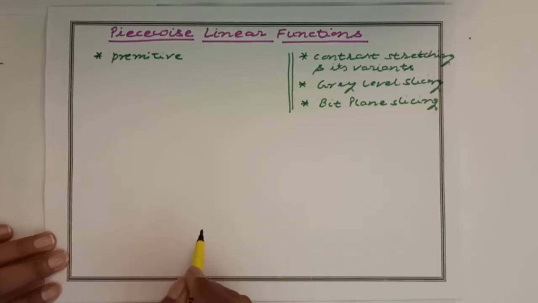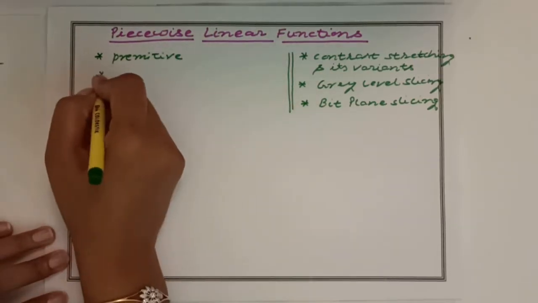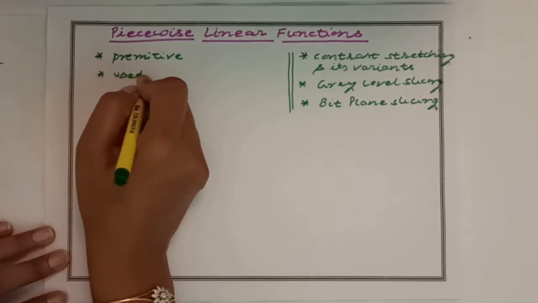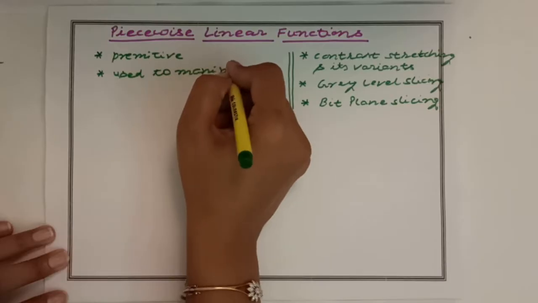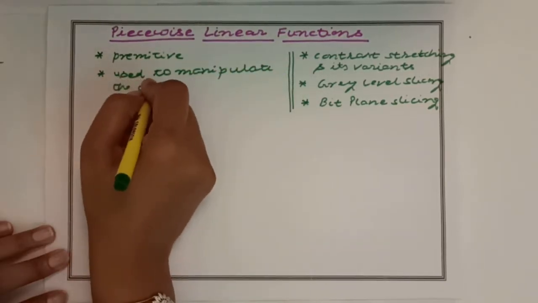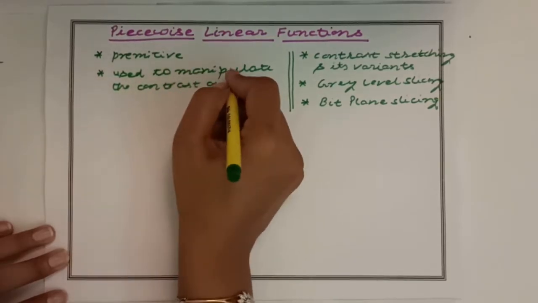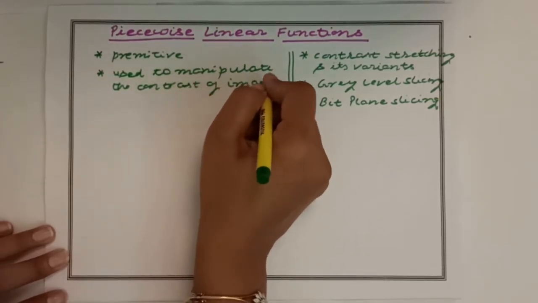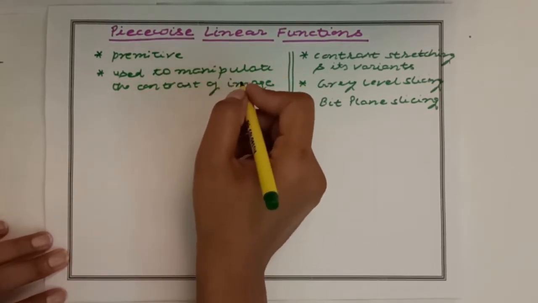So piecewise linear functions are used to manipulate the contrast of image. This is how it can be applied.